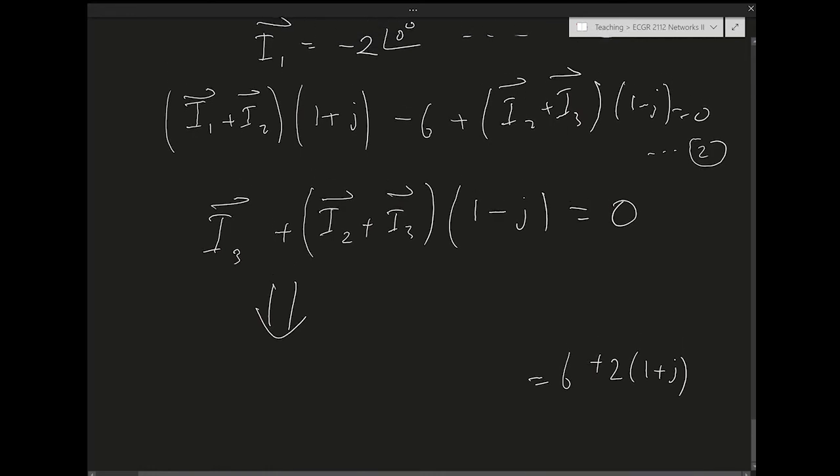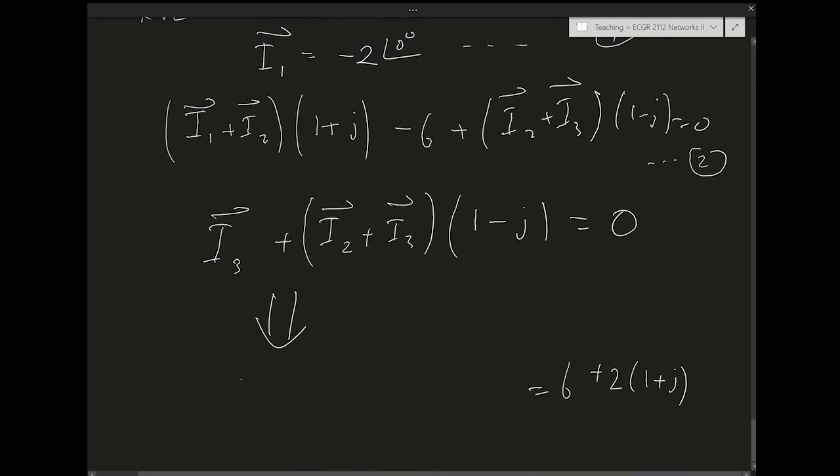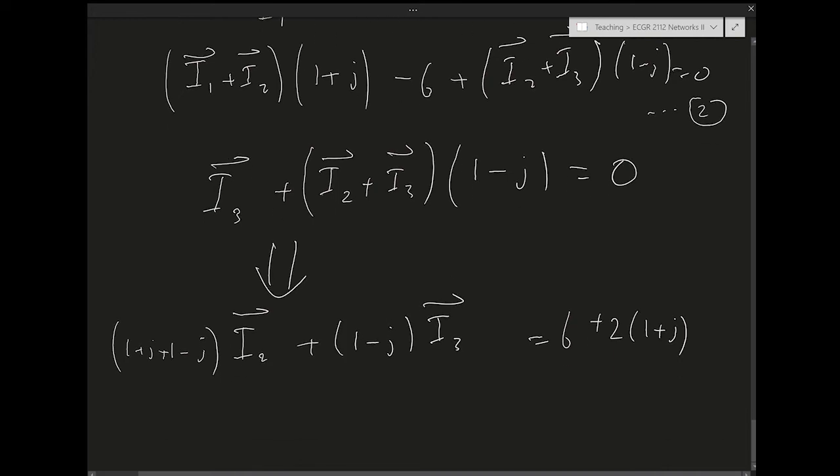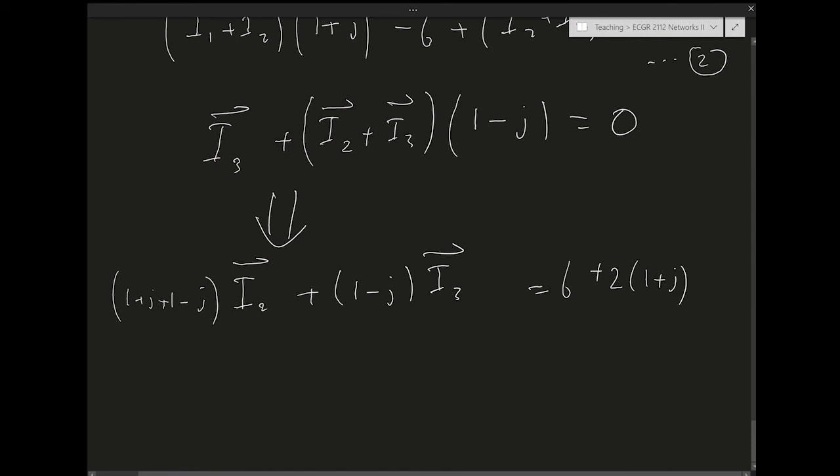Okay. And then let me write the equation. So it's going to be I2, and I2 is going to be multiplied by 1 plus J, and also by 1 minus J. So it's going to be 1 plus J plus 1 minus J. And then I3 is just going to be multiplied by 1 minus J plus 1 minus J. Right, so I can simplify this a bit.